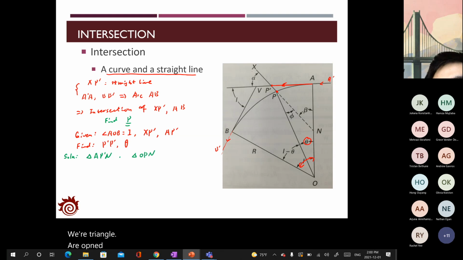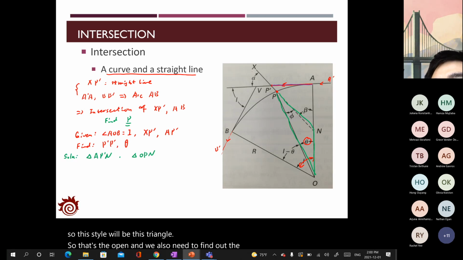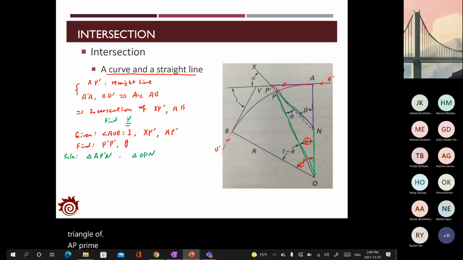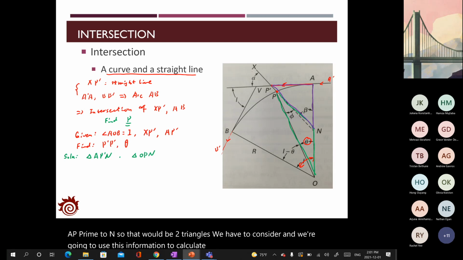So that will be this triangle. We also need to calculate the triangle AP prime N. So those are the two triangles we have to consider, and we're going to use this information to calculate the distance of P prime to P and also the angle theta.